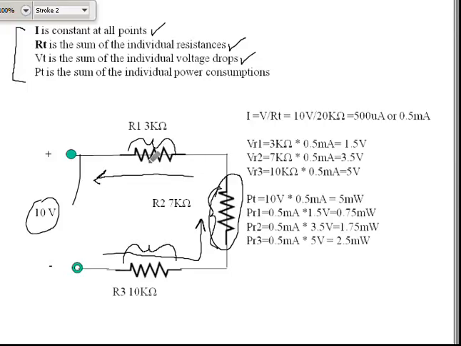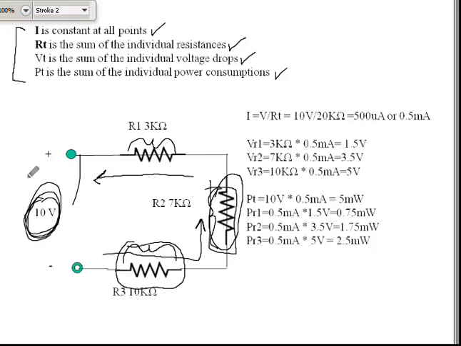Therefore, if we measure or calculate the voltage drop for each resistor, they will equal the total voltage supplied to the circuit. And finally, power. The total power consumption is equal to the individual power dissipations of each resistor.